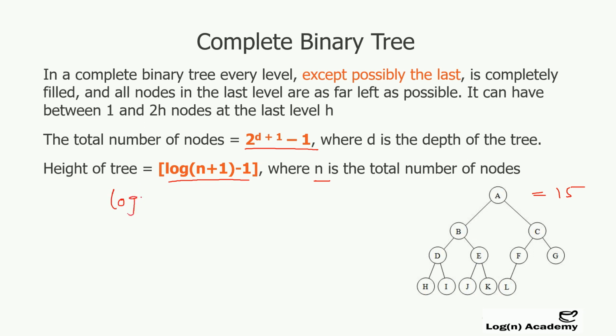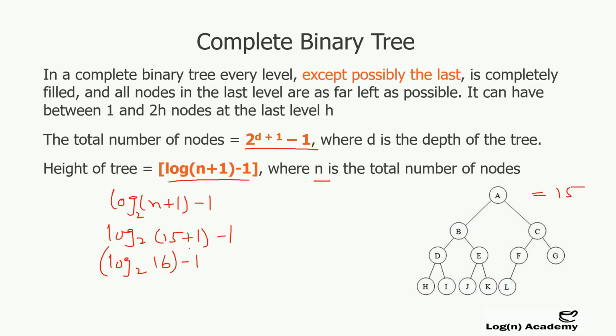Log of n plus 1, minus 1. So log here, the base is 2, right? N is 15, plus 1, minus 1, so log base 2 of 16, minus 1. Now how can we get the log of 16 with base 2?